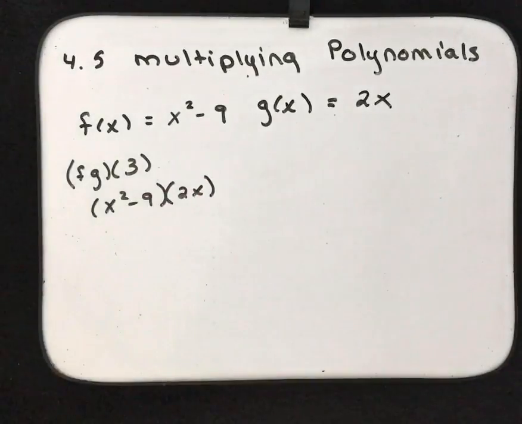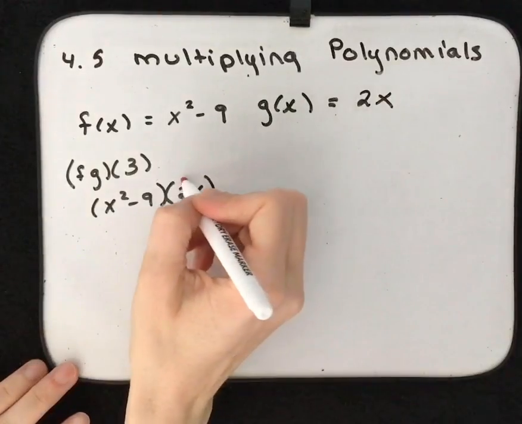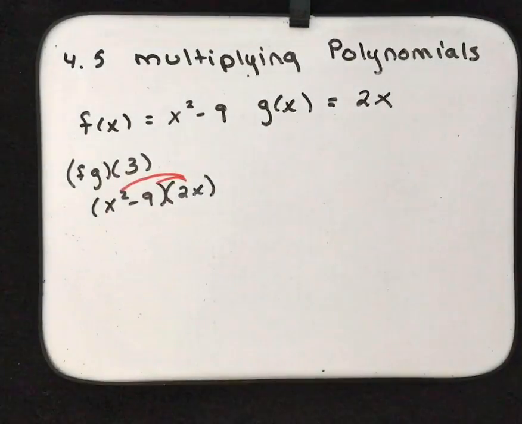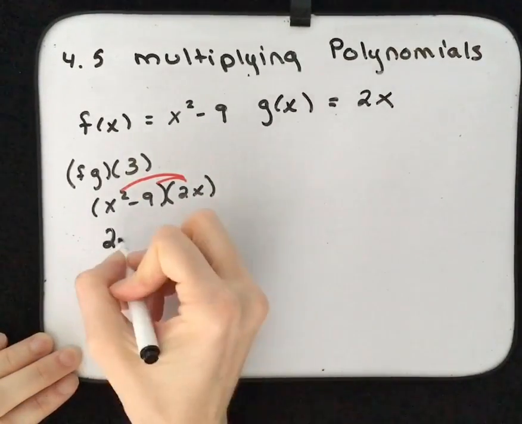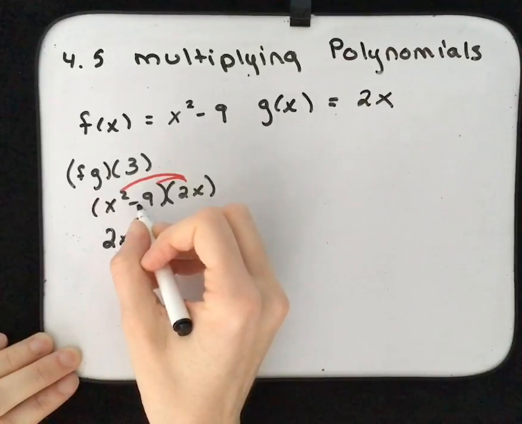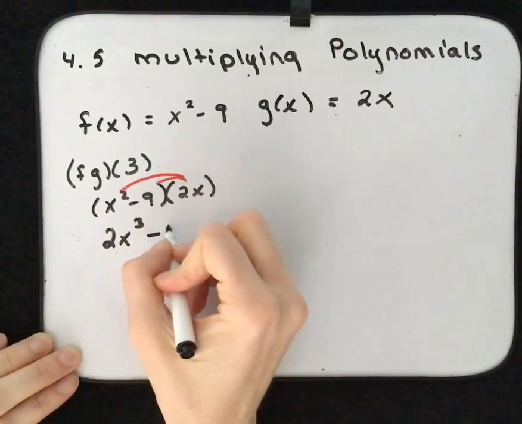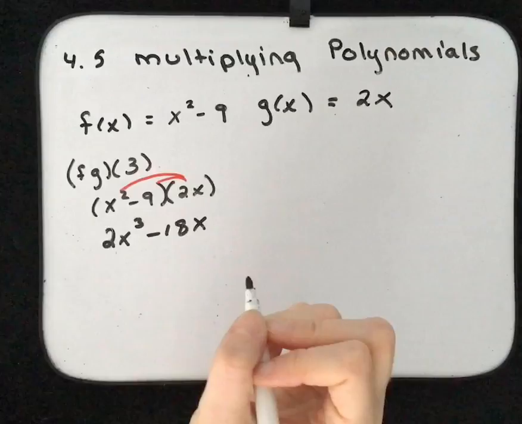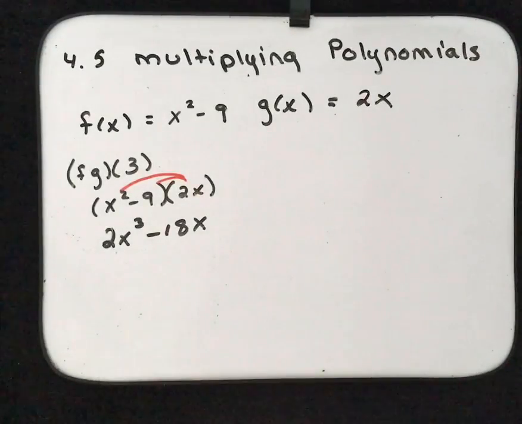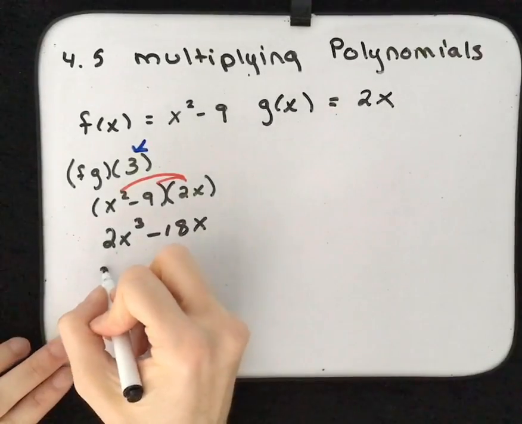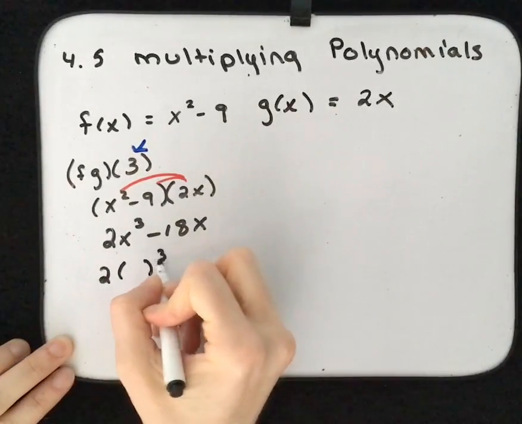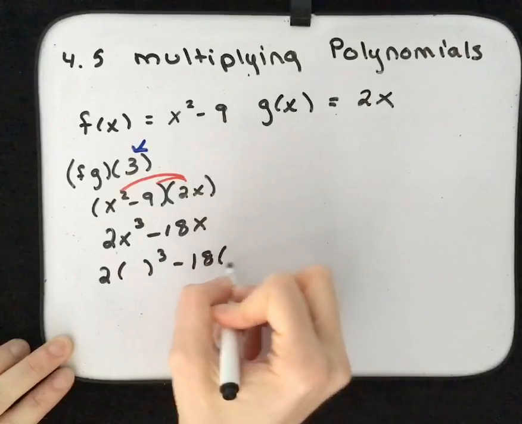So we can distribute our 2x. 2x times x squared is 2x to the third. Negative 9 times 2 is negative 18, and we bring down our x. Now remember, we're looking for the 3 right here. So that means we rewrite, but where we see the x, we put our parenthesis.